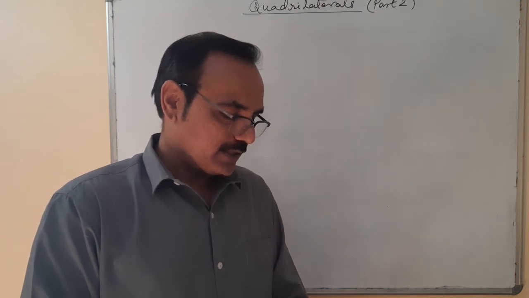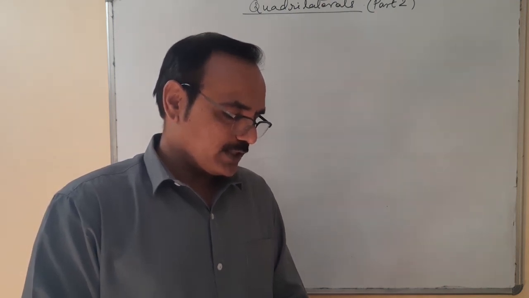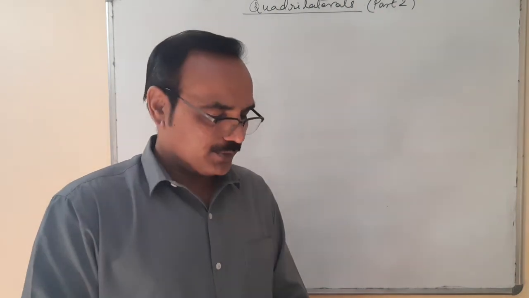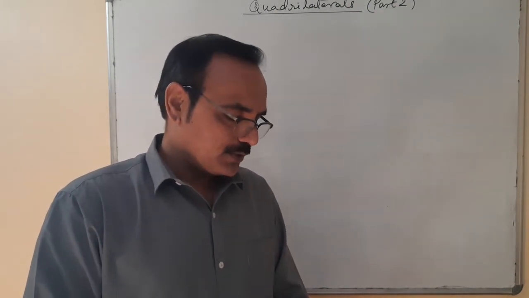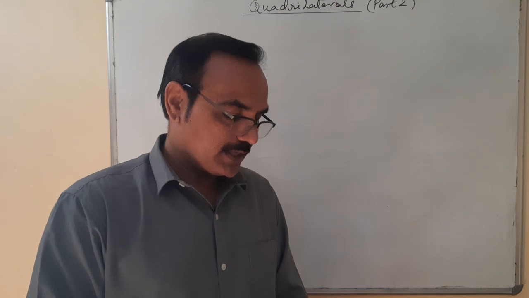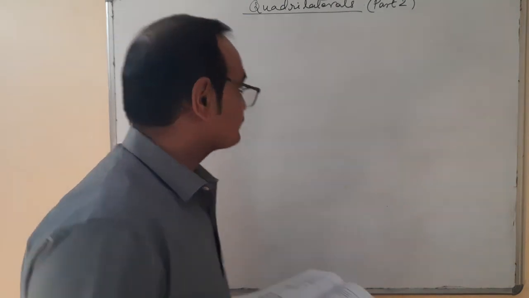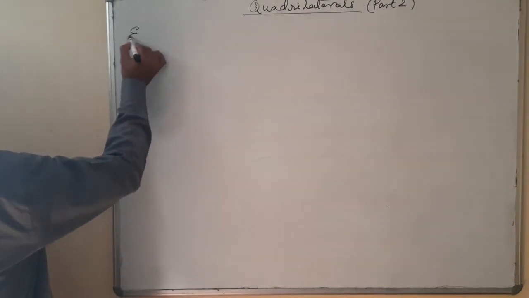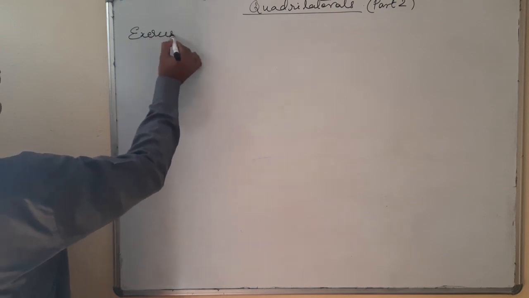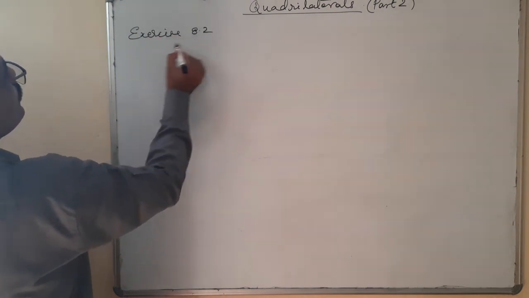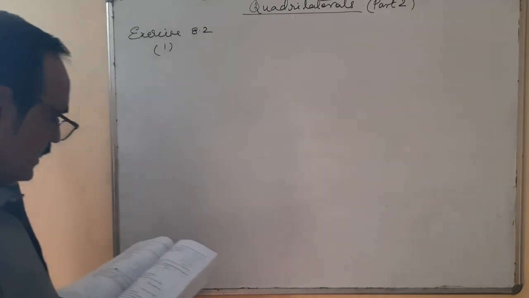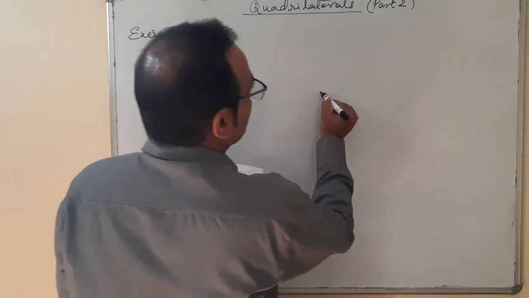AC is a diagonal. Show that SR is parallel to AC, SR is equal to 1 upon 2 AC, PQ is equal to SR and PQRS is a parallelogram. Question number 1 I am taking. A diagram is given. ABCD is a quadrilateral.